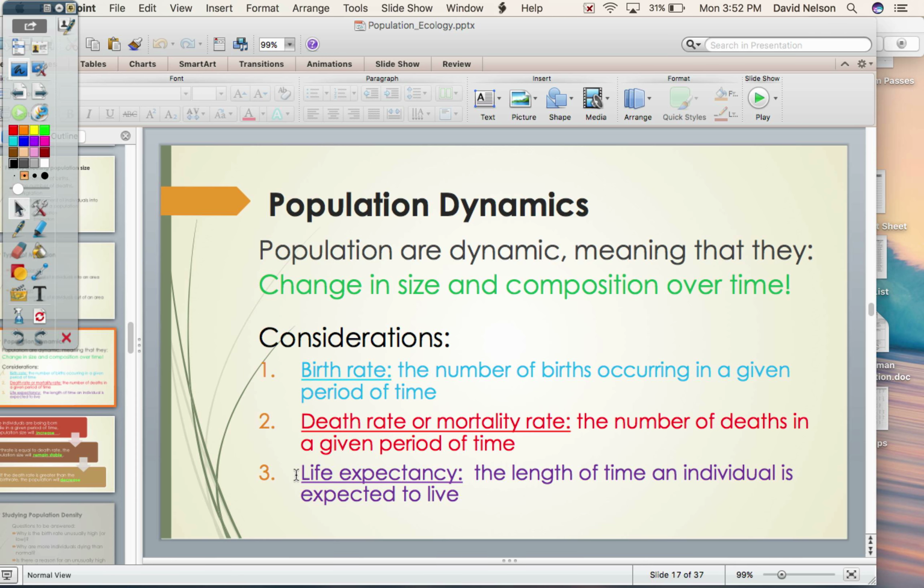If we look at the life expectancy of an eagle, it's going to stay pretty much the same over generation to generation. However, the death rate might be a little bit different depending on some other factors. Is there some sort of natural disaster that wipes out more hawks than usual? Is there some sort of disease that goes through the population that wipes out more than usual? This is going to affect the death rate, but not the life expectancy.